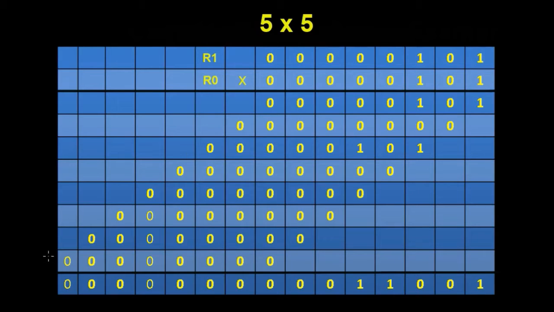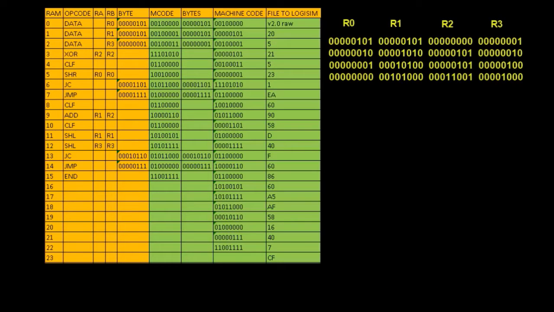So let's have a work through the actual code. So here's the code. The first line loads the value 5 into register R0. The second line loads the value of 5 into register R1. And the third line adds the value 1 into register R3.